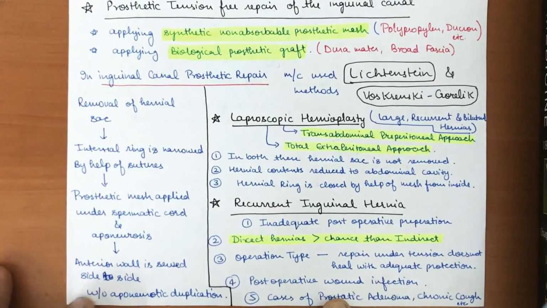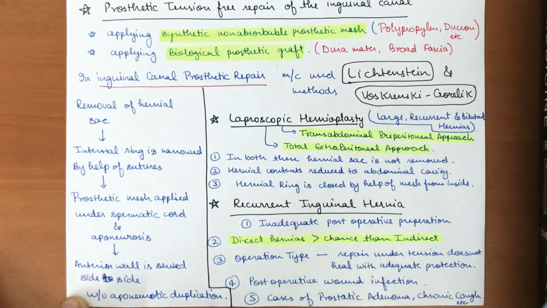Also, in recurrent inguinal hernias, direct hernias are more common than indirect hernias. Another reason can be post-operative wound infection. Also prostatic adenoma, chronic cough, etc. can be causes.